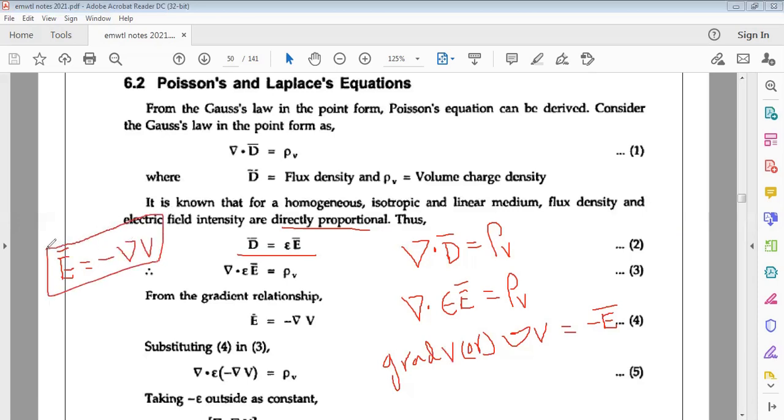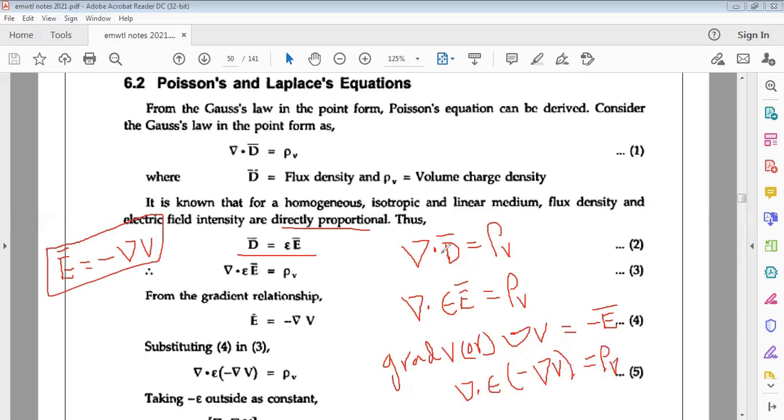Substitute here E bar as minus del V. So del dot epsilon into minus del V is equal to rho v.